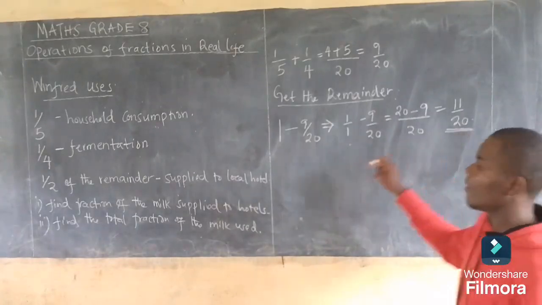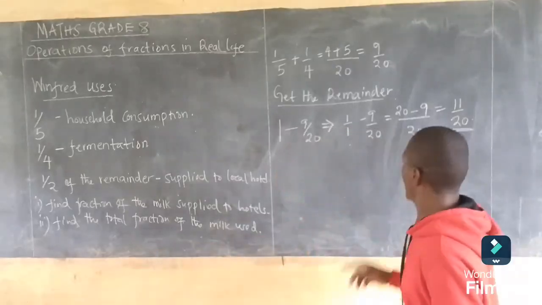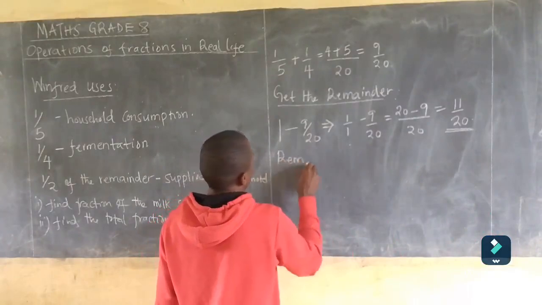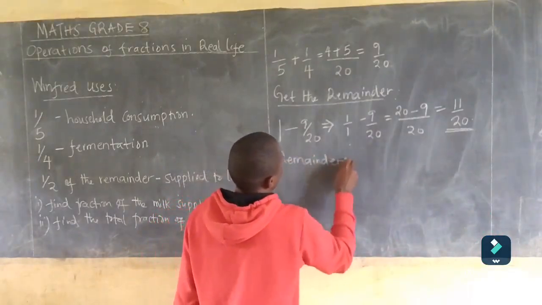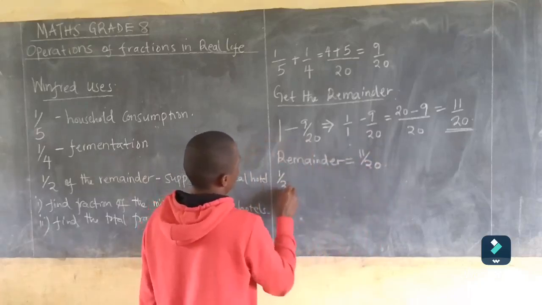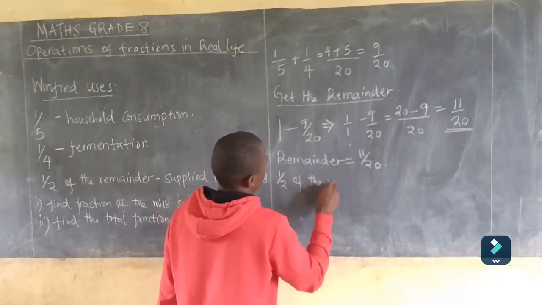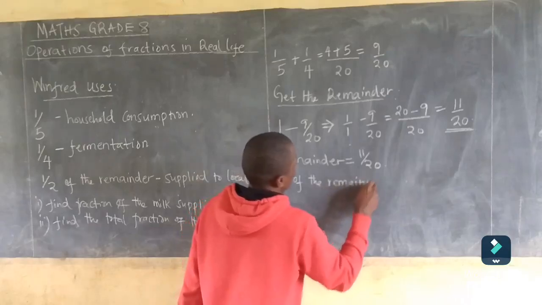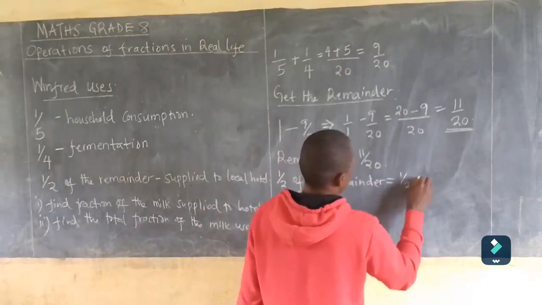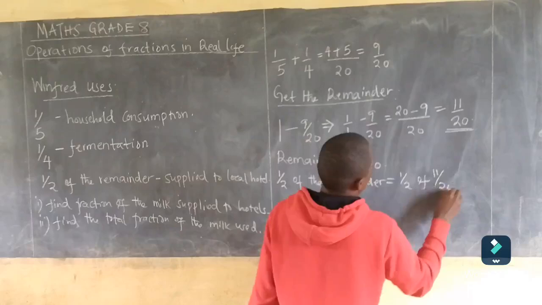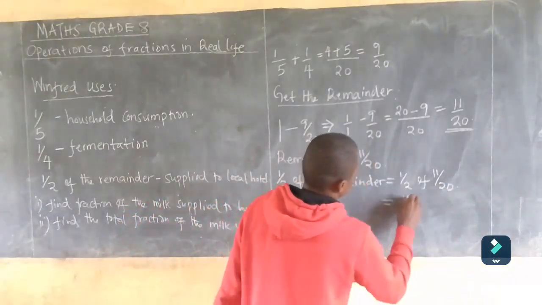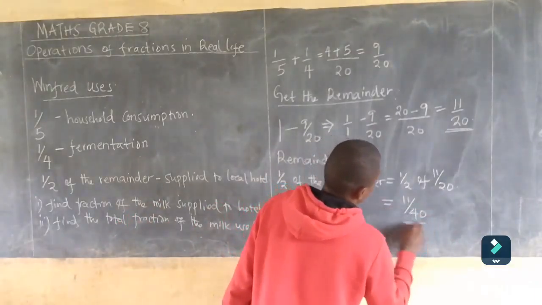But we are told half of the remainder. Now the remainder is equal to 11 over 20. Half of the remainder equals half of 11 over 20. Half of 11 over 20 gives us 11 over 40.